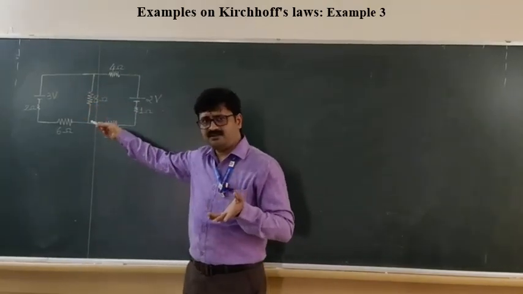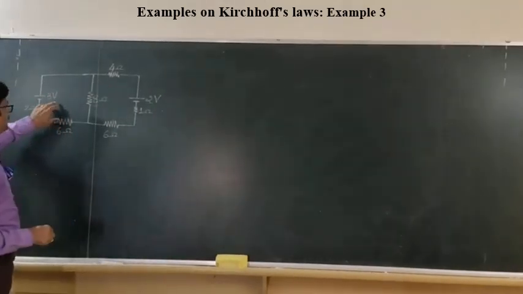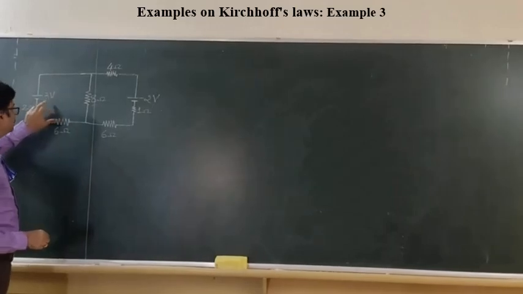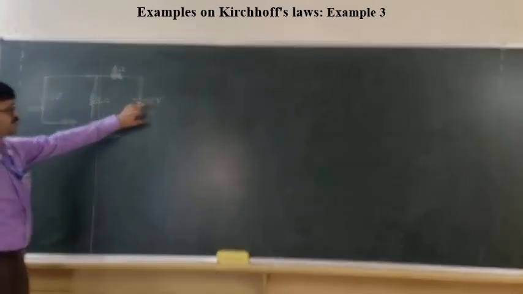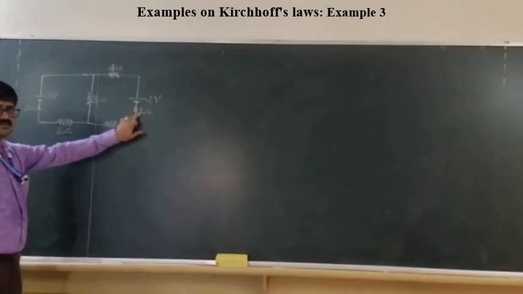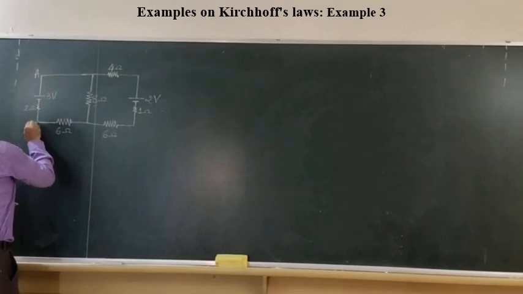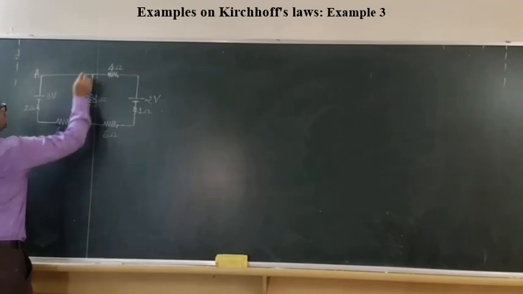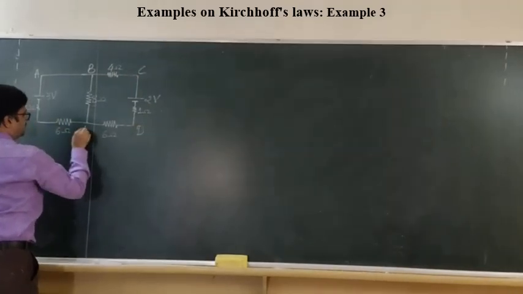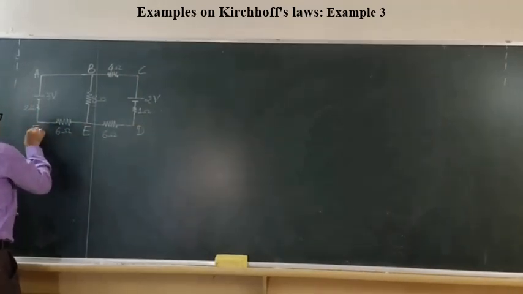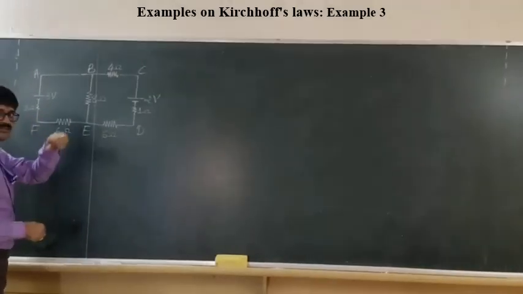This is the circuit. Okay. Now if you just observe here, we have one cell of 3 volt with internal resistance of 2 ohm. Another cell has EMF 2 volt, internal resistance 1 ohm. Now let me mark these nodes A, B, C, D, E, F. Then next I'll mark the direction of current.